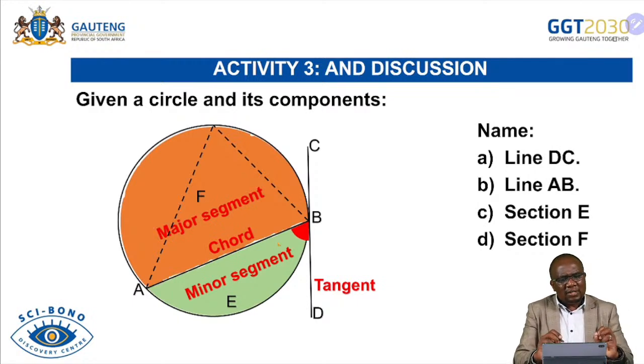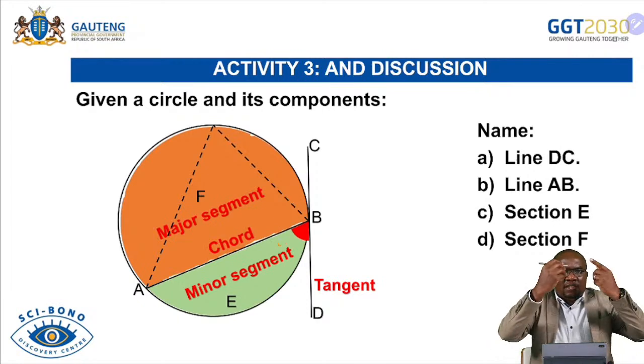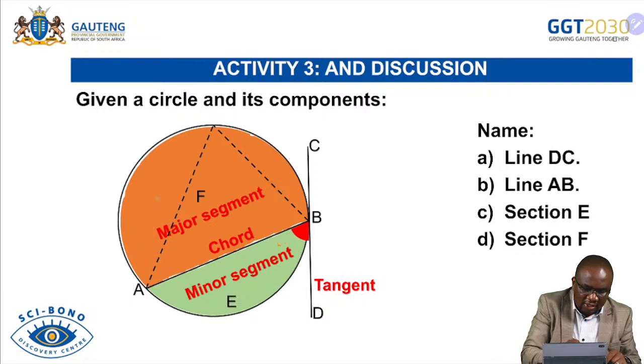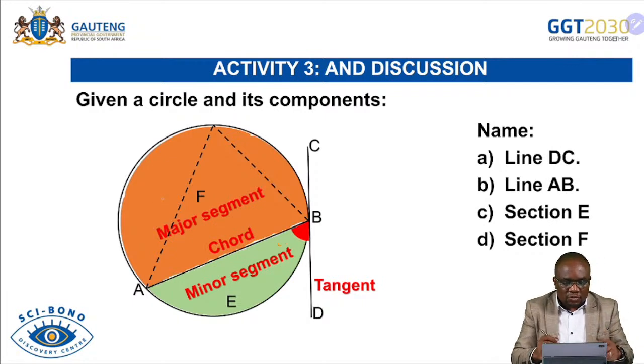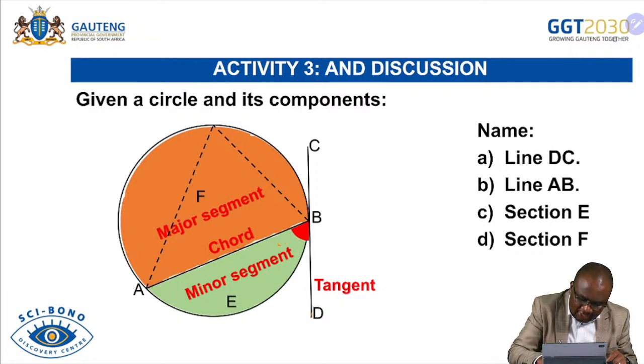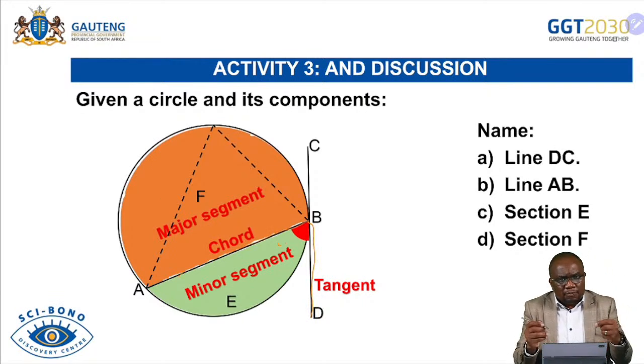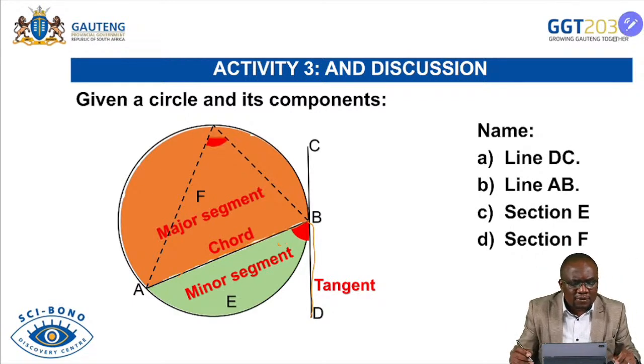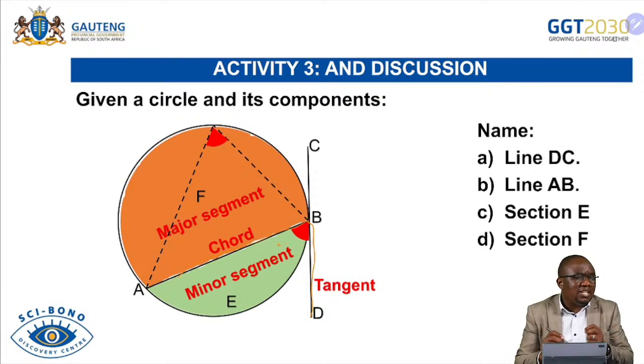So the angle that we're talking about is in the other segment, in the alternate segment. We're talking about the major segment now. So we have an angle formed by the tangent and the chord, and the angle subtended by the chord in the alternate segment, which is this angle here. You see that? So these are the angles that we'll be talking about when I'm talking about the tan chord theorem.